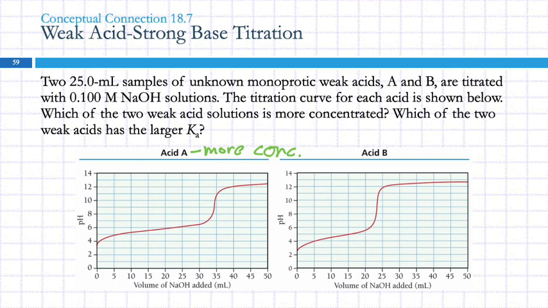That sounds a little painful. We could also think, well, what's the pH of a strong acid at equivalence point? 7. What makes a strong acid different than a weak acid? It ionizes completely.